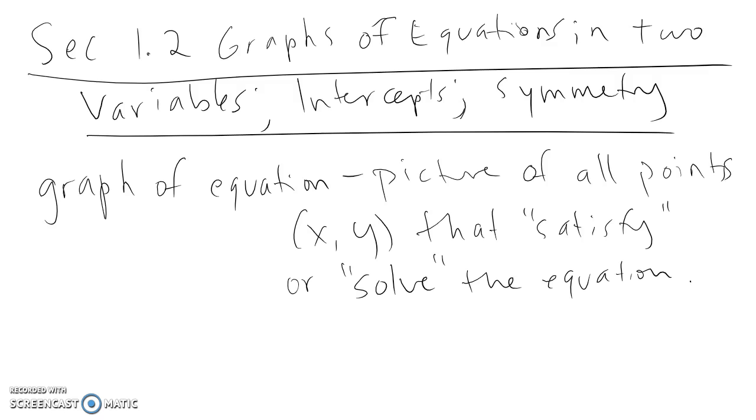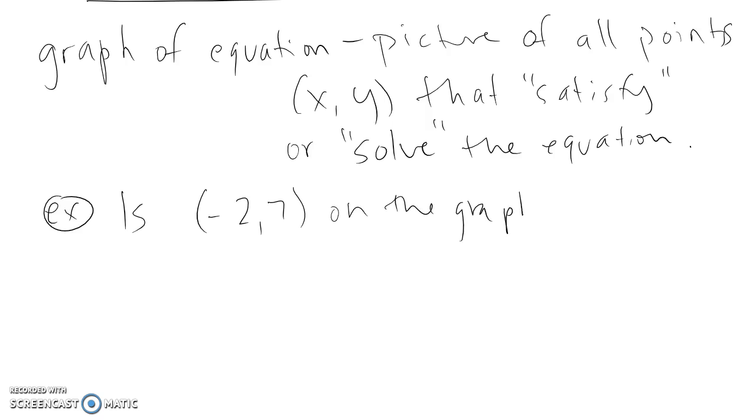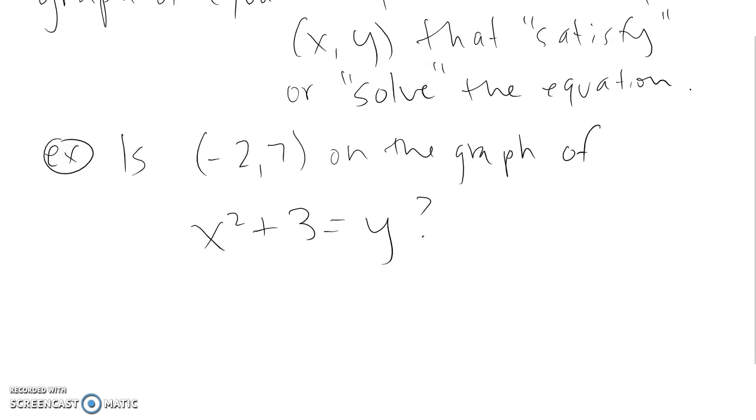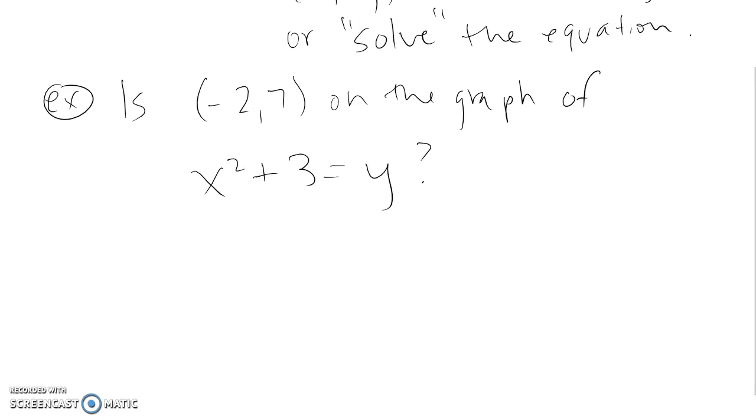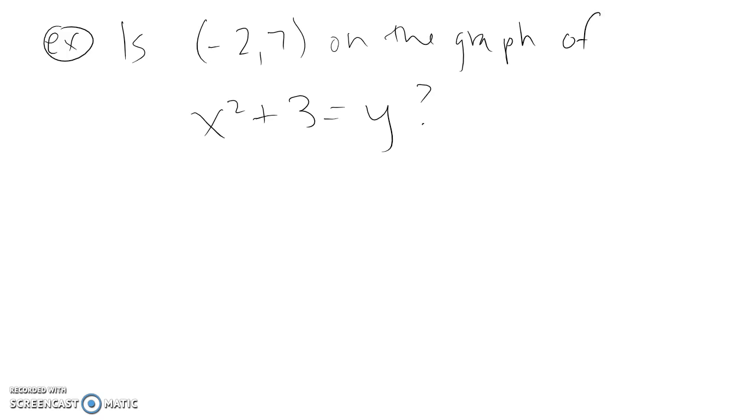So let's ask a couple of questions. Is -2, 7 on the graph of x squared plus 3 equals y? Well, if -2, 7 is on the graph of the equation, then it satisfies this equation, or makes it true.